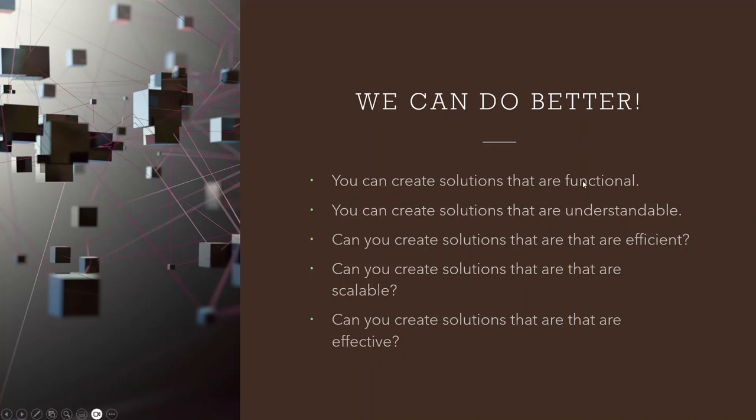I can do that. I can create a solution that's understandable. You should be able to at this point create computer programming code that is understandable. Somebody else can come behind you and look at your code and understand what you're doing. You've put comments in there to explain what you're doing and how. You have white space, that area between that shows us the organization of what we're doing.